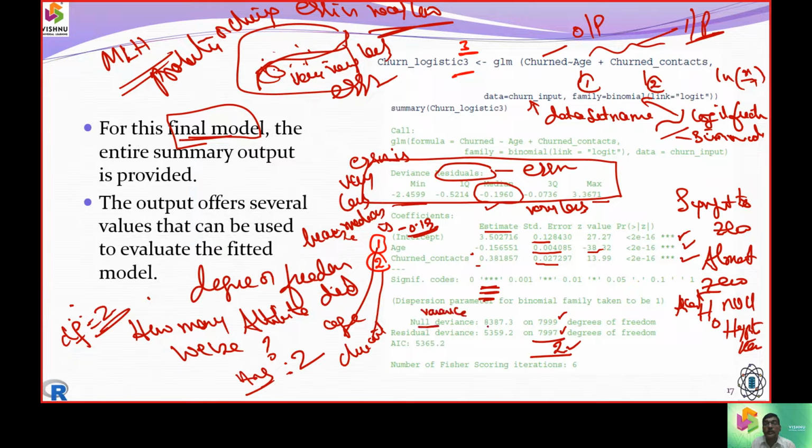The null hypothesis variance was telling 8387 and the residual variance was telling 5359. So we get some difference, and that difference is almost low and within the range. Okay. What is 6 here? The number of iterations the model was telling is 6.